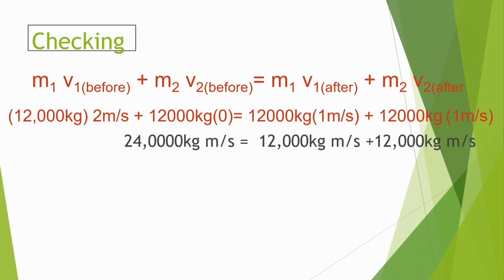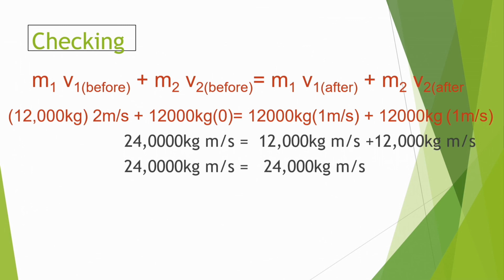So we now have here 24,000 kilogram meters per second. This is the total momentum of the two cars before collision, and this is also equal to 12,000 kilogram meters per second plus 12,000 kilogram meters per second.